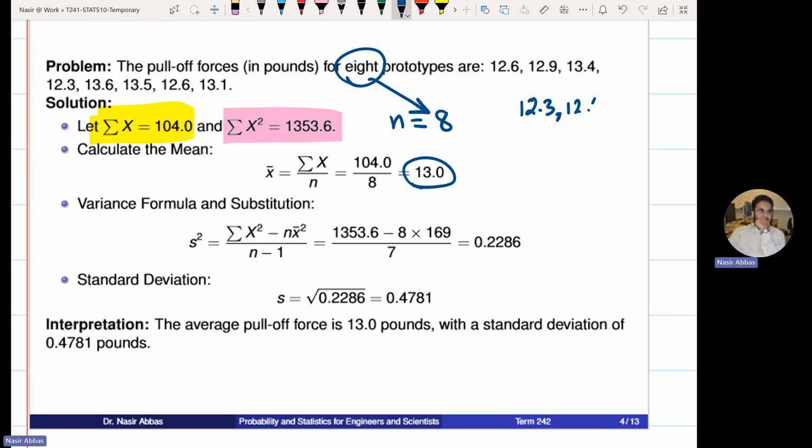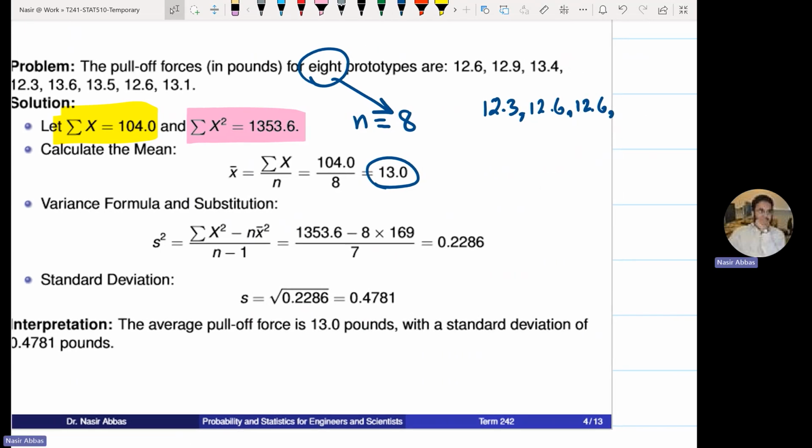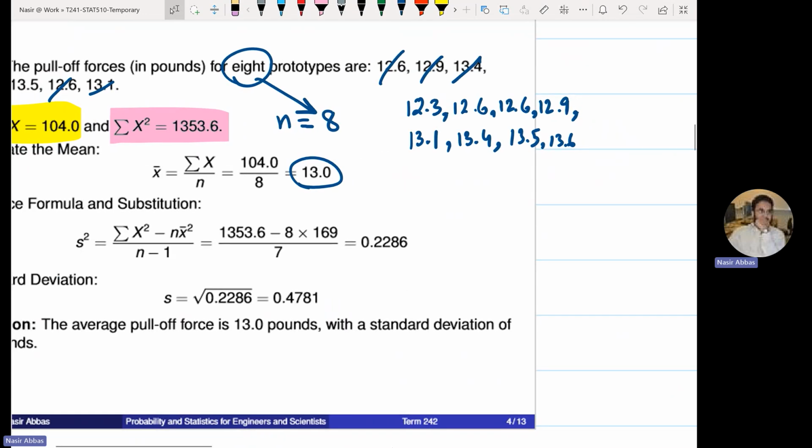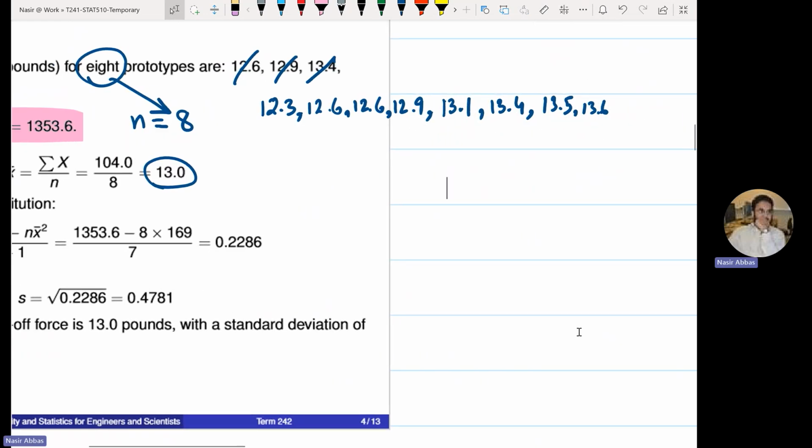No, 12.6. 12.6. 12 point what? 9. 12.9. 13.1. 13.4. 13.5 and 13.6. Okay. So suppose this is the arranged data.